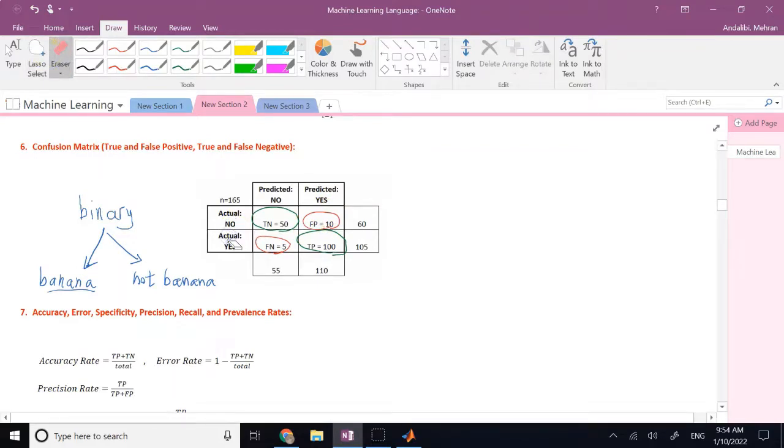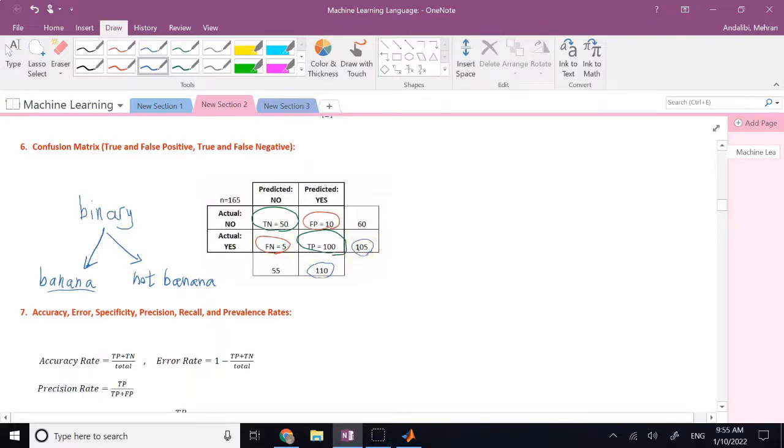Okay? Now let's say in this case, it says my true positives were 100. What does that mean? Remember, I had 105 real banana pictures. I detected 110, but because I detected 110, does it mean my algorithm detected all of the correct 105?